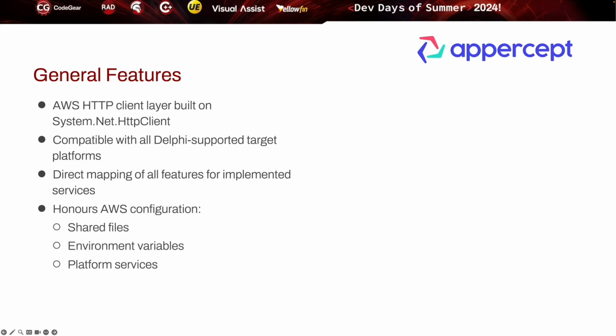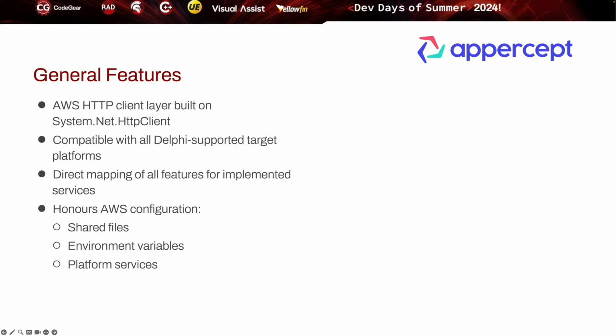So we honor the AWS configuration. Amazon Web Services' own tools, whether it's a command line tool or their own SDKs, have a standard way to configure those tools, and it's consistent across all of their tools. So we work in the same way.